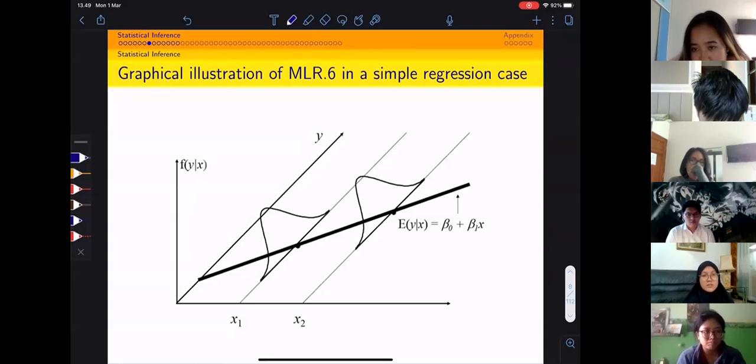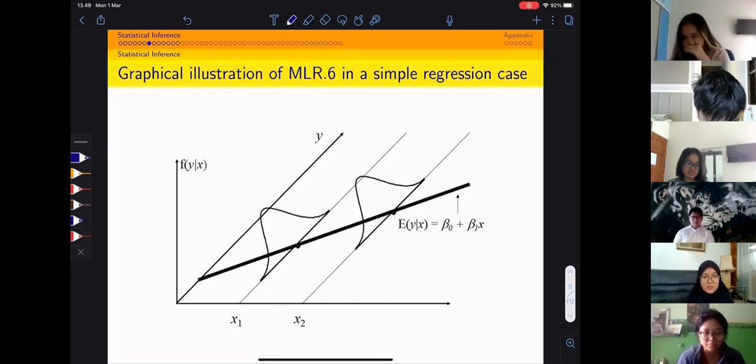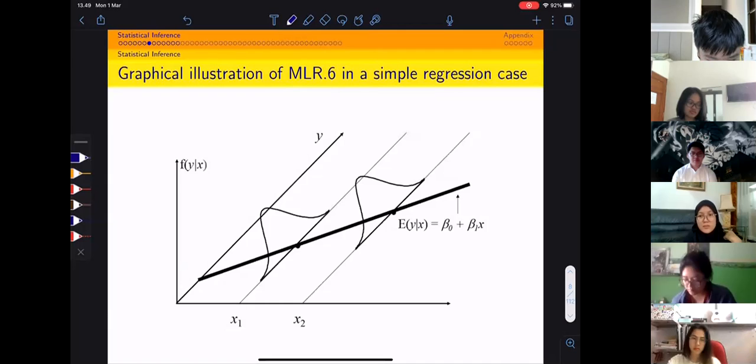Basically, the unobserved variable is going to be normally distributed around the regression line. This is based on the fifth assumption of homoscedasticity. It's also based on the sixth assumption that the error term is normally distributed around the regression line. All right, any questions, clarifications so far from this point?